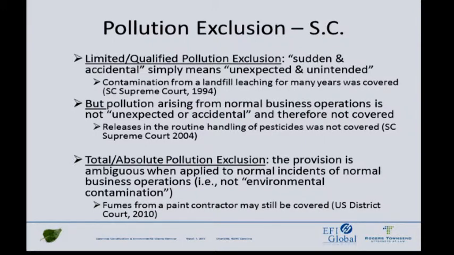The total or absolute pollution exclusion, we don't have a Supreme Court case on it. All we have is a district court case, and the district court case looked at a number of other jurisdictions who said, we're not really sure what this means. It's either total or it's nothing, so they've picked the middle ground. And what they've done is they've said it will exclude what people commonly think of as environmental pollution.